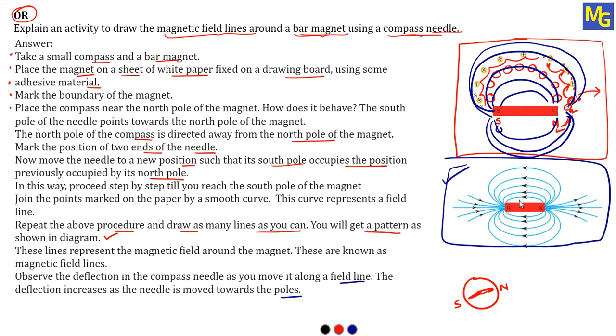Whenever the needle was towards the pole, the deflection was more, and whenever the needle was away from the poles, the deflection was less because the distance from the magnet was more. This is the activity which explains the formation of magnetic field lines around the bar magnet by using a compass needle. So this is the answer for the OR option or the internal choice for question number 9. Now we will move to the next question.